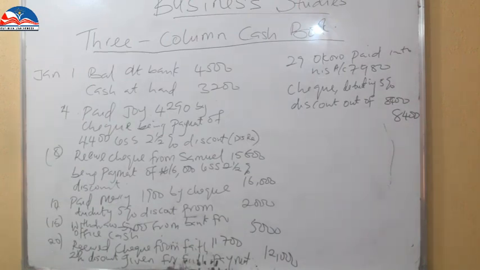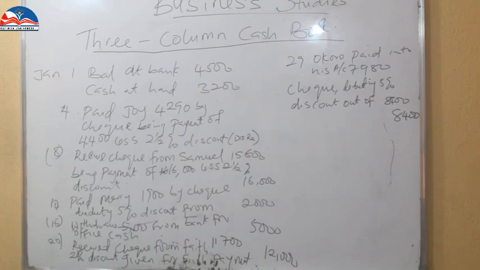Subtract 11,700 from 12,000, you're going to have 300 as your discount. All right, and then we go to the last, which is on the 29th of January.